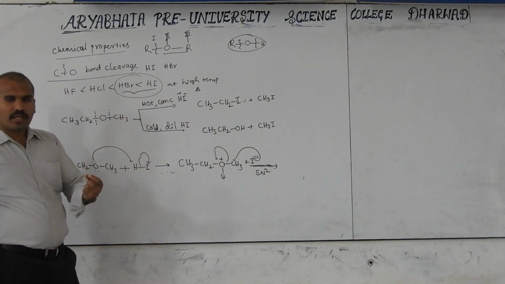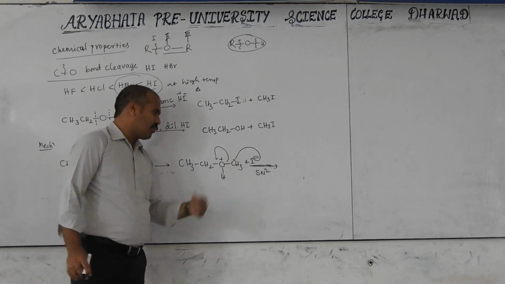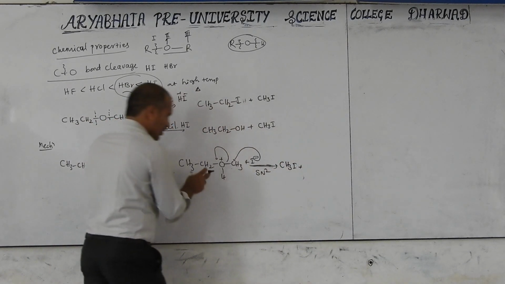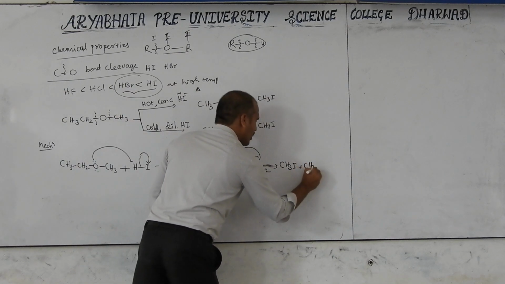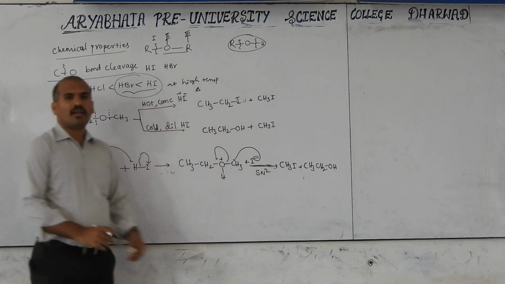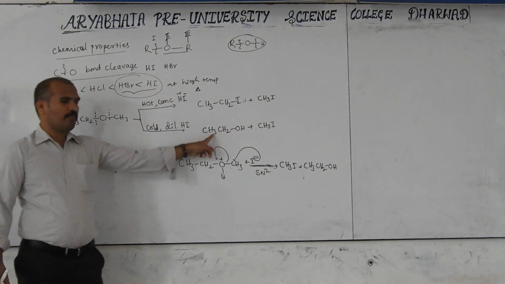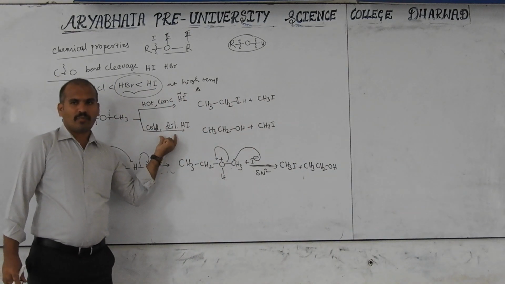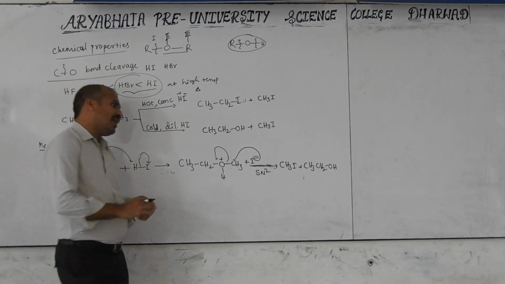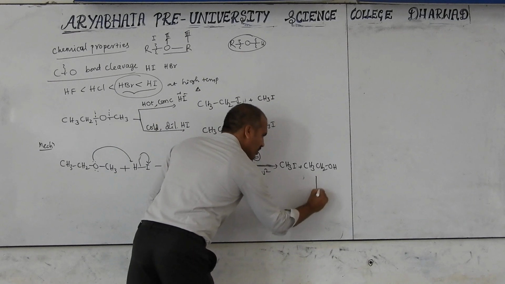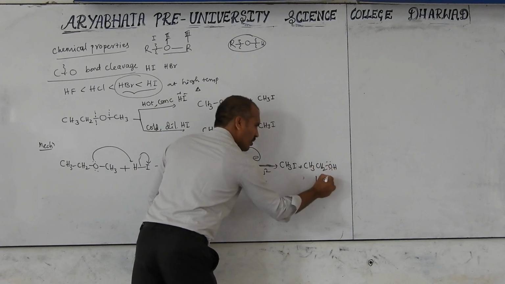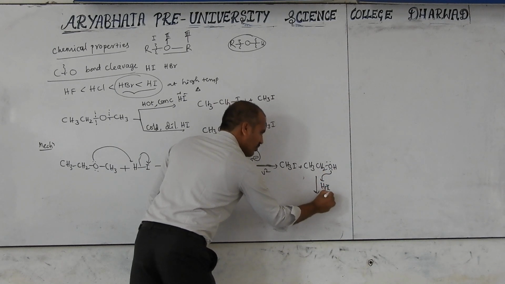When a smaller group is required for SN2, that is the methyl group. Then we will get methyl iodide along with CH3CH2OH, an alcohol. When it is limited, it means less number of HI is there. When excess is there, this again reacts with HI. Here the lone pair is there, and this will be eliminated.